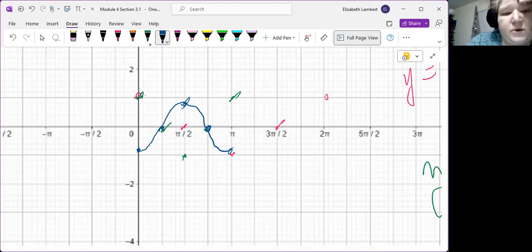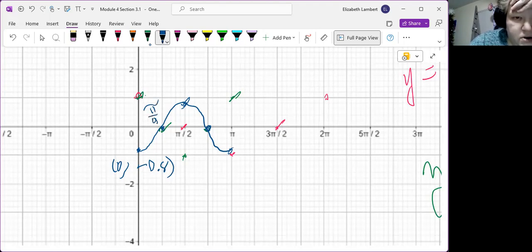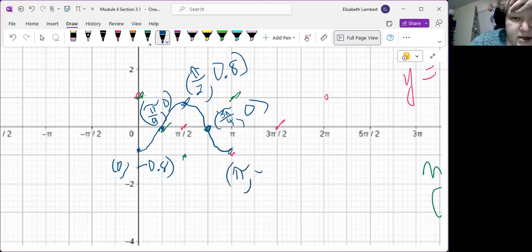Now, if you're worried about your graph not looking that pretty, worst case scenario, label your points. So this point is 0, comma, negative 0.8. This point is going to be pi over 4, comma, 0. This one's pi over 2 and positive 0.8. 3 pi over 4 and 0, and pi, negative 0.8.